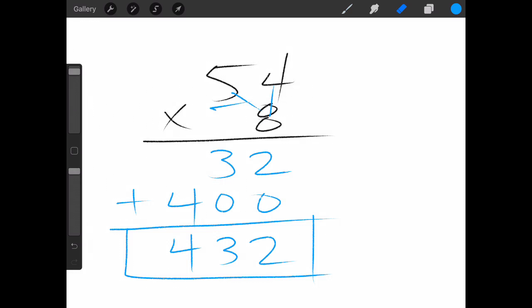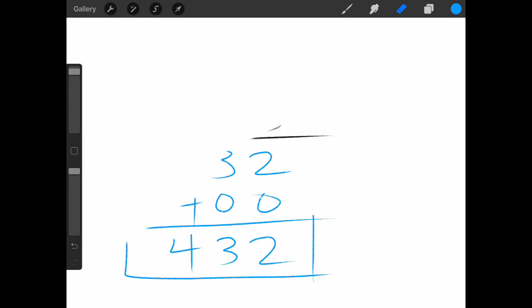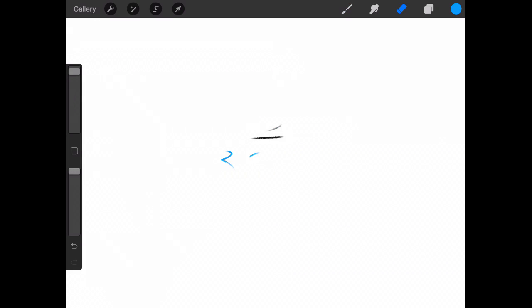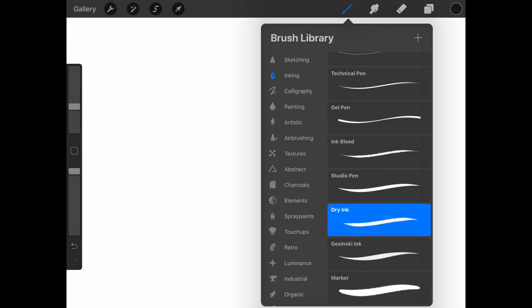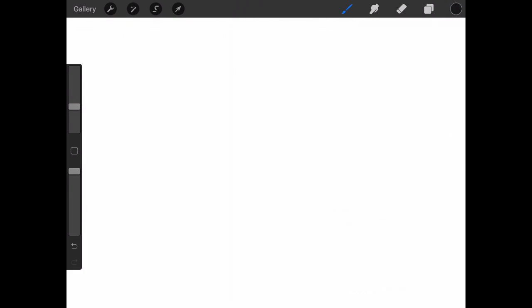Okay, for a 3 by 1 problem, it's going to be the same thing. We're just going to extend it one more step. With something like 326 times 5.